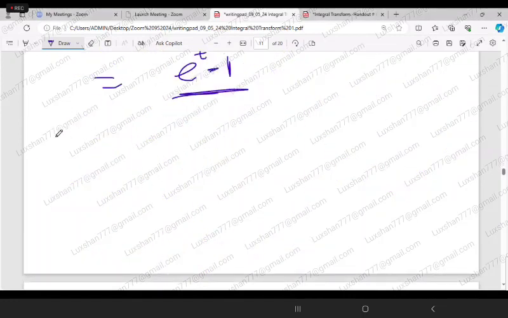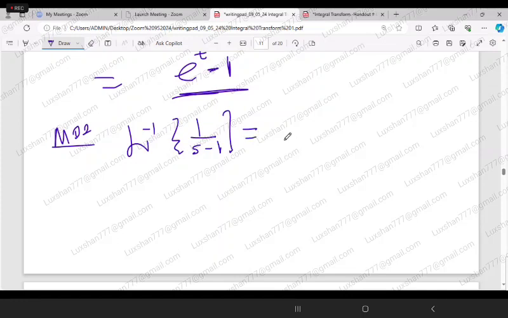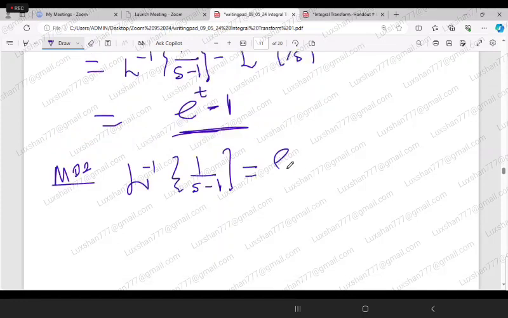Now we'll use method 2. We know that the inverse Laplace transform of 1 over s minus 1 is e to the power t.